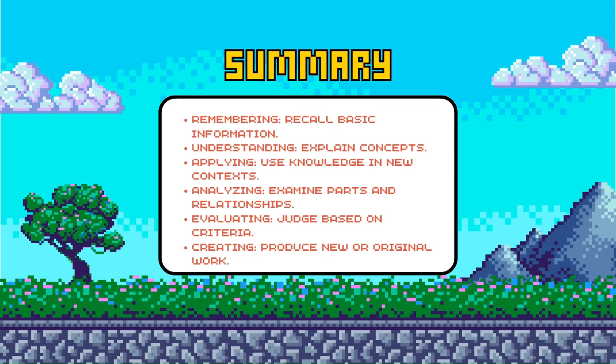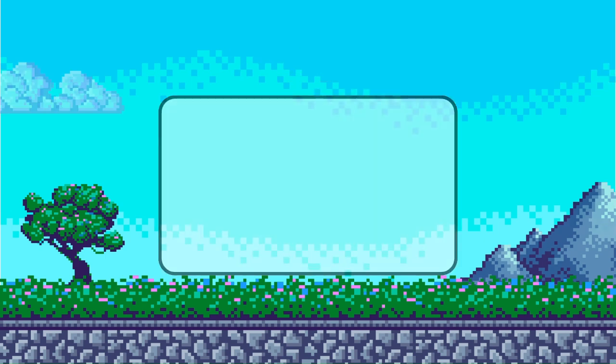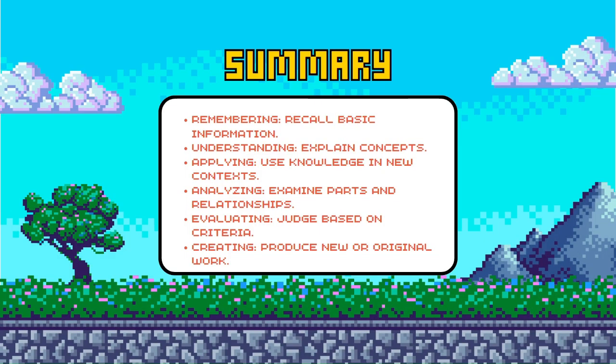So let us summarize the discussion. Bloom's taxonomy has 6 components. It's like a hierarchy of cognitive complexity. You have here remembering, understanding, applying, analyzing, evaluating, and creating.